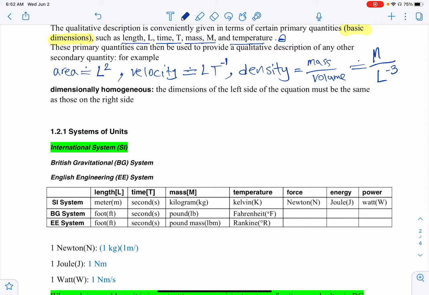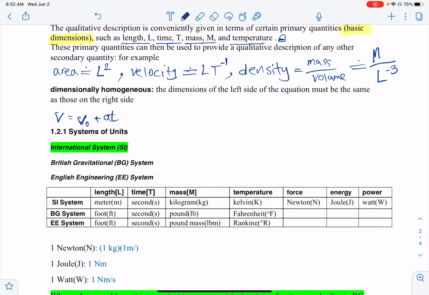What it means is that, for example, if we have an equation like v equal to v0 plus at, which is the equation of velocity for a uniformly accelerated body, then v0 is the initial velocity, a is the acceleration, and t is the time.